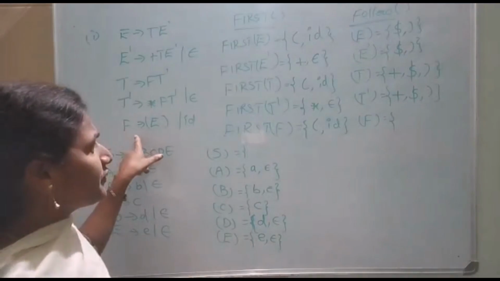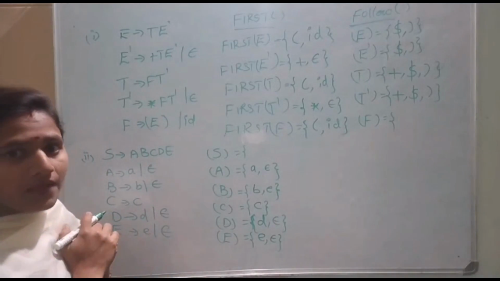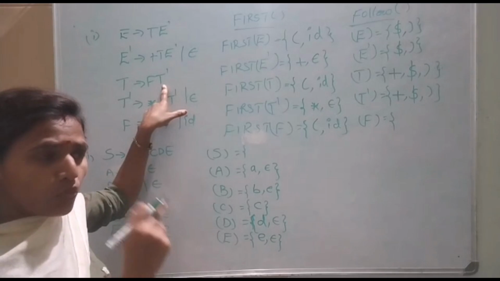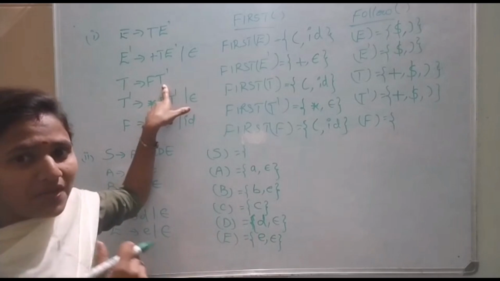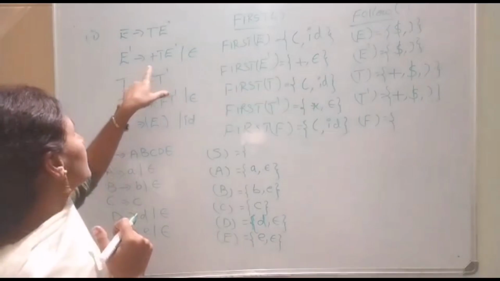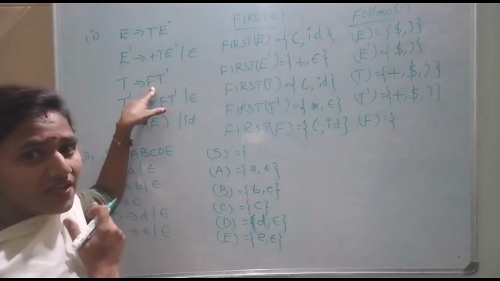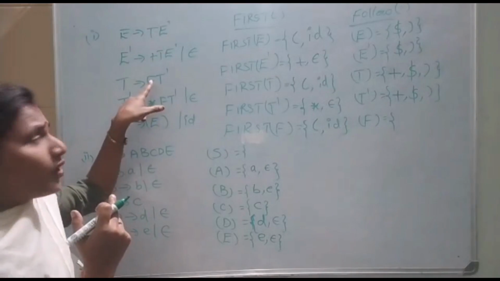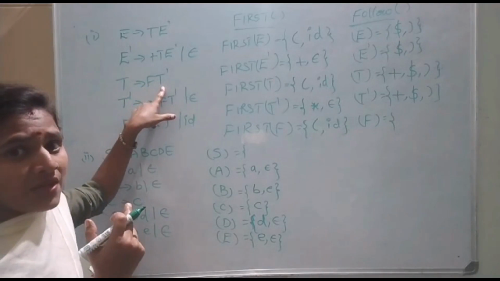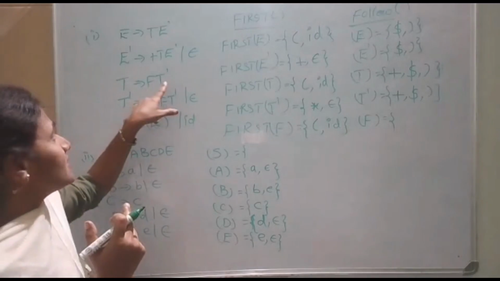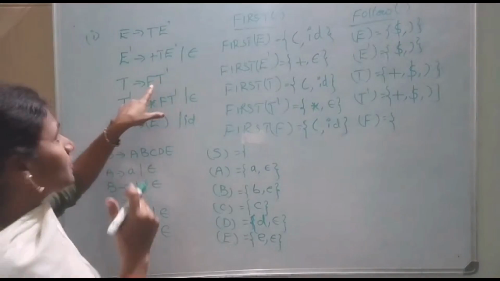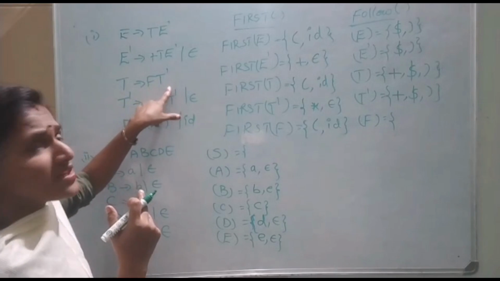Now, go for follow of F. So, whether F is defined in the RHS of the productions? If so, what is the next immediate grammar symbol? Here we got two productions which contain the grammar symbol F at RHS, isn't it? Now, what is the immediate grammar symbol here? After this F, T dash, which means that follow of F equals first of T dash.